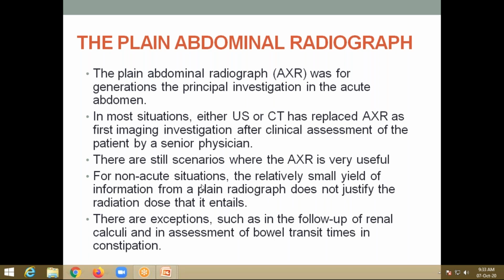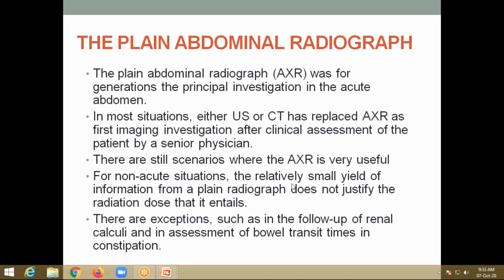Very small yield of information means we don't get much information about the condition in the abdominal radiograph. We cannot conclude whether it is obstruction or infection. In most infections, it won't be possible to recognize them on abdominal radiograph, and it does not justify the radiation dose that it entails.